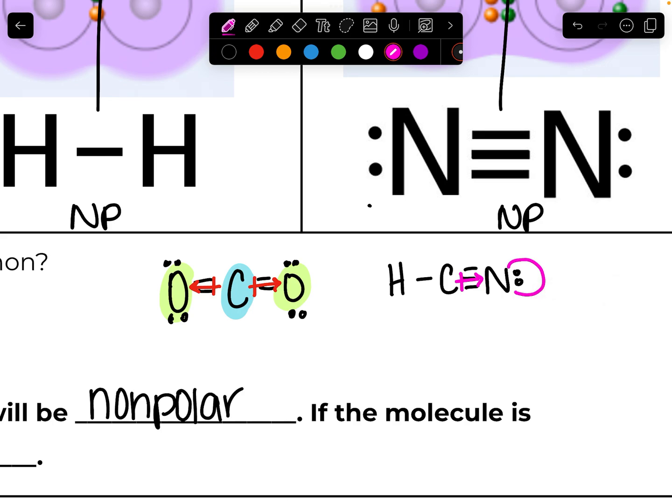That means this thing is super pulling electron density towards nitrogen, which is going to induce a partial negative charge on this side of the molecule, leaving this side to be partially positively charged. This is a polar molecule. It's also asymmetric. It's not the same across the whole molecule. So again, asymmetric, polar molecule.